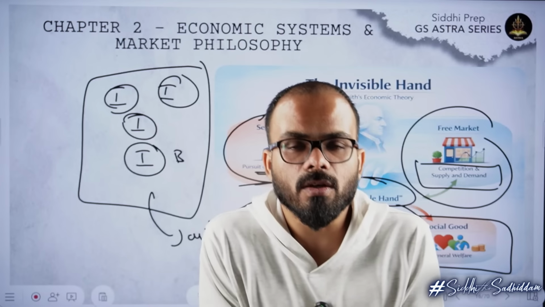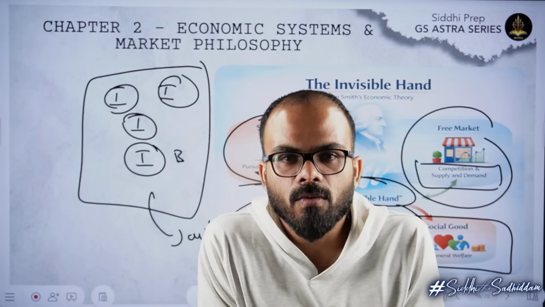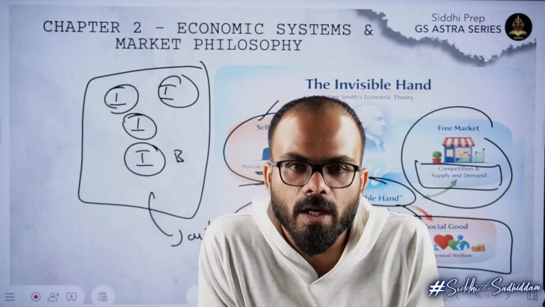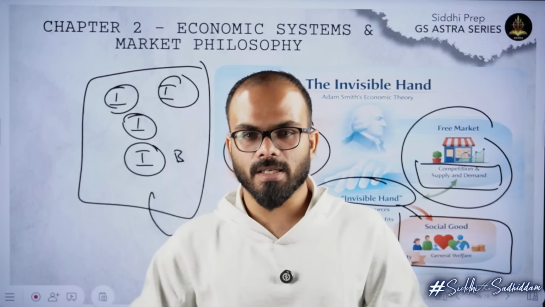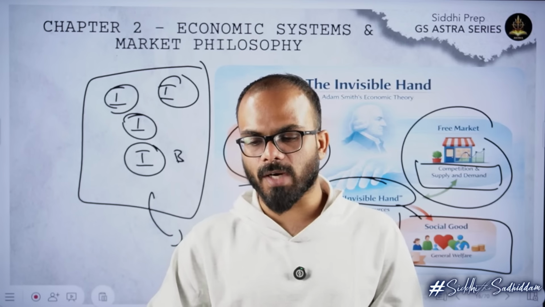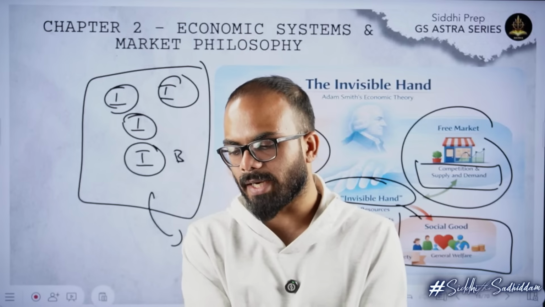But what do you think is the biggest flaw in the concept of the invisible hand theory? What do you think is the major flaw with respect to Adam Smith's proposal of the invisible hand?